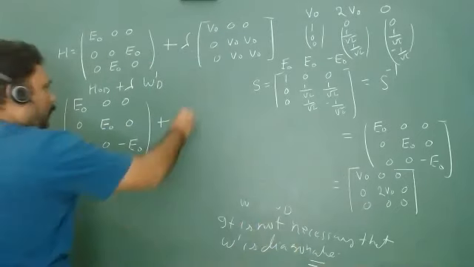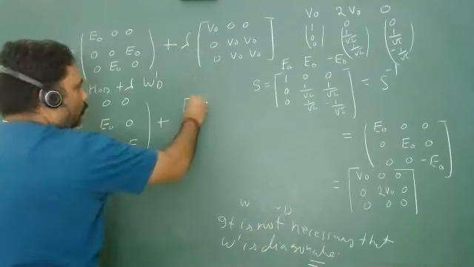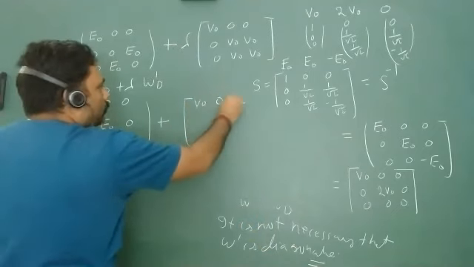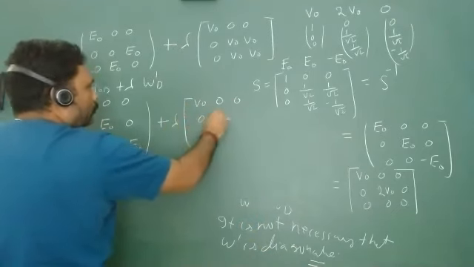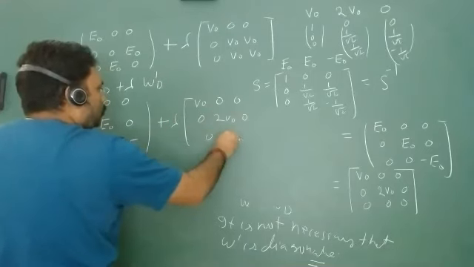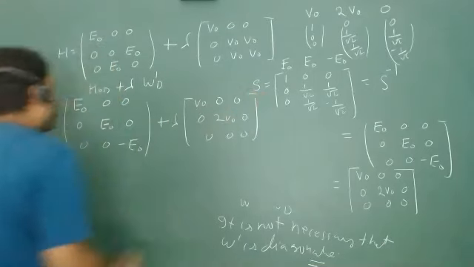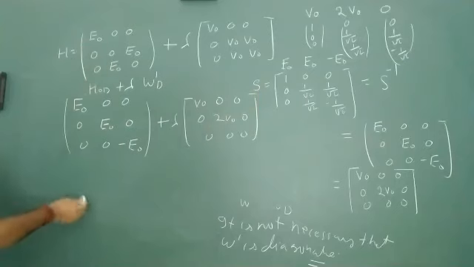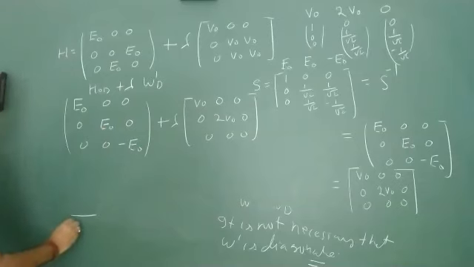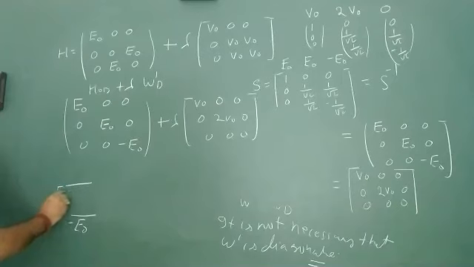W dash diagonalized is basically V naught 0 0, and lambda is there, 0 2V naught 0, 0 0 0. And what will you get? You will get three levels. Now before the perturbation, even if this is a 3 cross 3 matrix, we are able to identify only two eigenvalues.